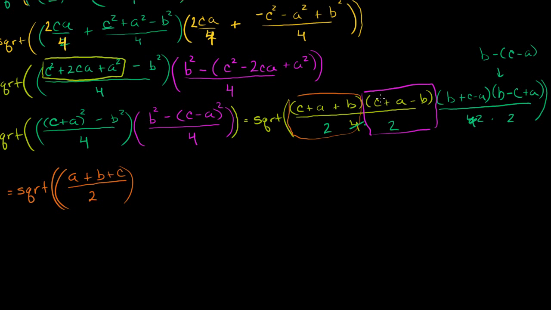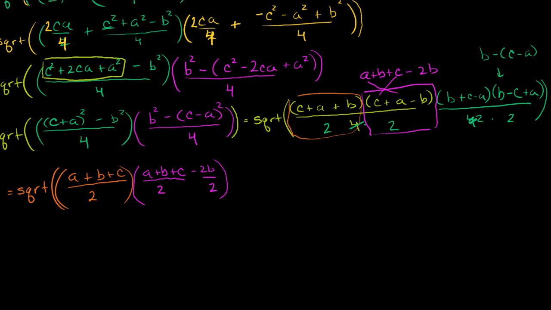And let me write a simplification here. C plus a minus b, that's the same thing as a plus b plus c minus 2b. These two things are equivalent, right? You have an a, you have a c, and then b minus 2b is going to be equal to minus b. So this next term is going to be a plus b plus c minus 2b over 2. Or instead of writing it like that, let me write this over 2 minus this over 2.